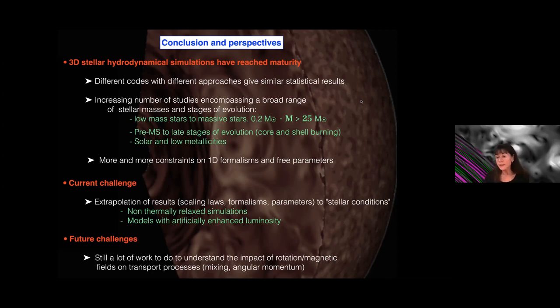So if you increase your luminosity and therefore shift the spectrum of the waves toward higher frequency, you're also going to change the efficiency of the transport of angular momentum. So you may end up with some transport coefficients for the angular momentum which are actually not realistic.